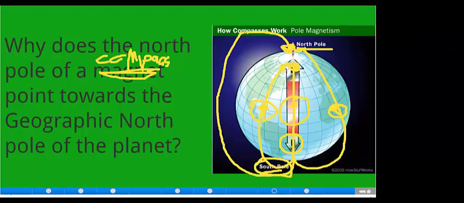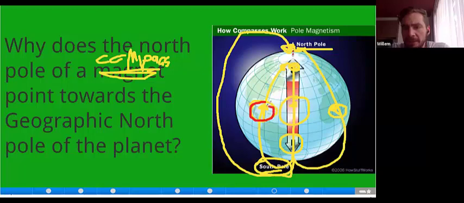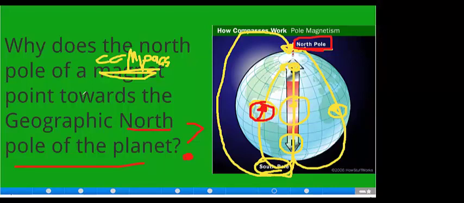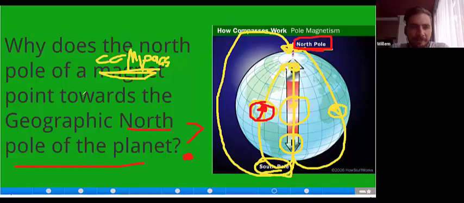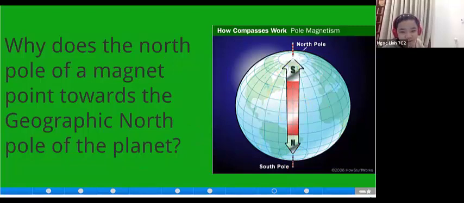Okay. Now, why do our compass needles point towards the geographic North Pole? Why? Because the North Pole is attracted to the South Pole.